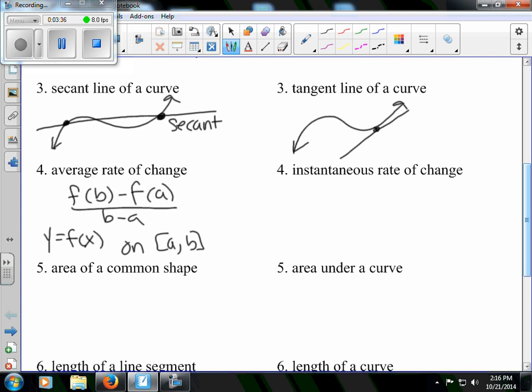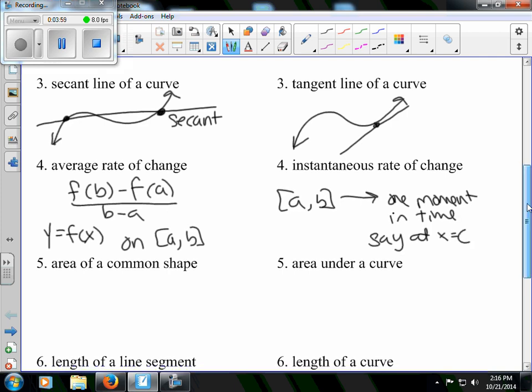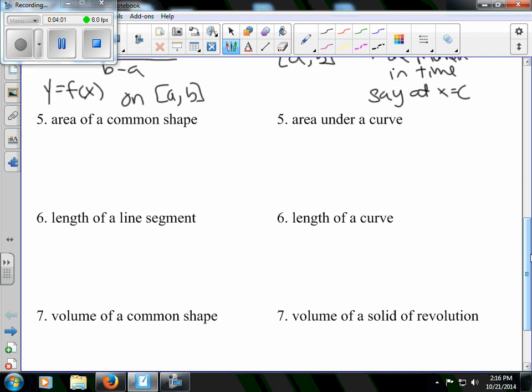So instantaneously, this means that your a to b interval will no longer be an interval. It'll just be a specific location, one moment in time. So you have one specific x value rather than an interval of x values that you look at.